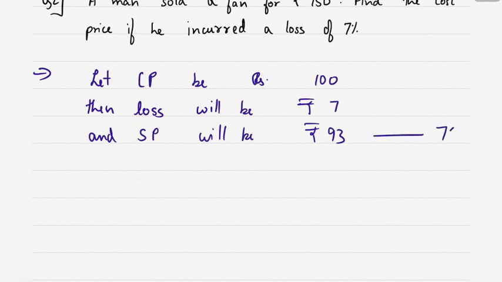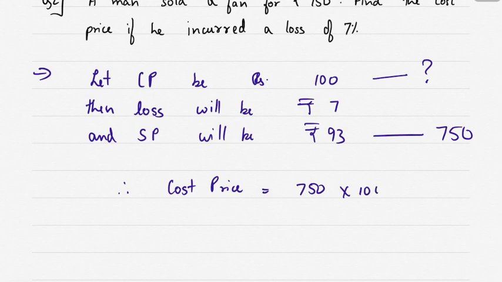If selling price is 93 when cost price is 100, then how much is cost price when selling price is 750? So cross multiply. Therefore, cost price is equal to 750 into 100 divided by 93. Solve this.